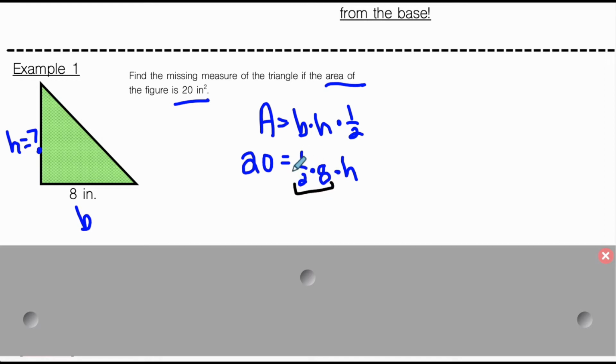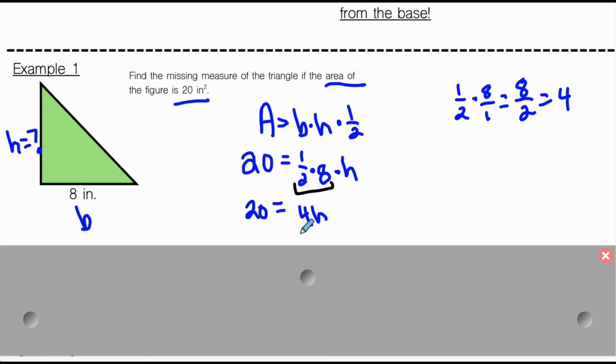Now I can put half times 8 together and simplify this side of the equation. So 20 is equal to 1/2 times 8, which, in case you forget how to multiply fractions, is just half of 8, which is 4. Now how do I solve this problem? I have one step.